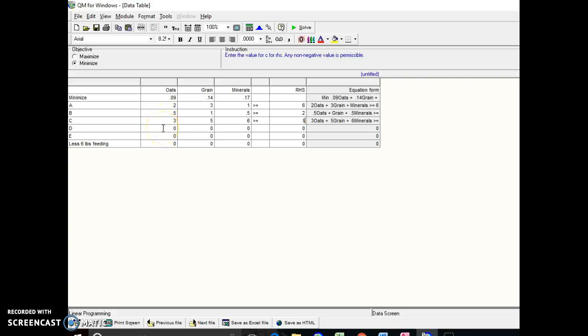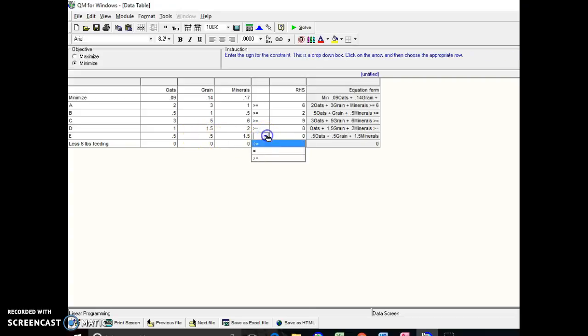Okay, for D, it's 1, 1.5, and 2, and that's got to be greater than 8 units. And E is 0.5, 0.5, and 1.5.